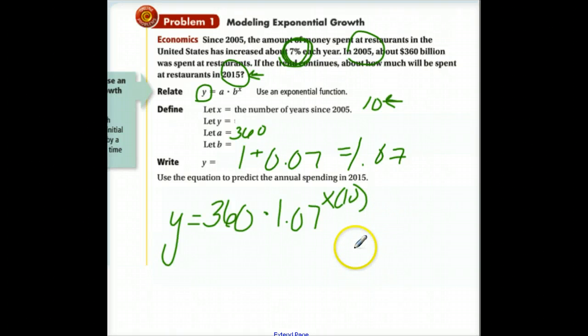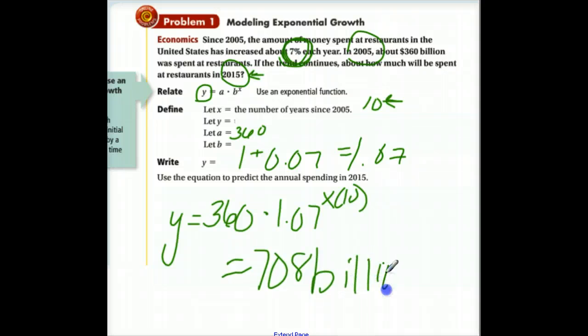So what this says is 2015 is 10 years after 2005. That's what we're finding. When I plug this into my calculator, I get about $708 billion spent at restaurants in the United States in 2015 if this trend continues. Okay? So just plugging in all the numbers for our exponential function.